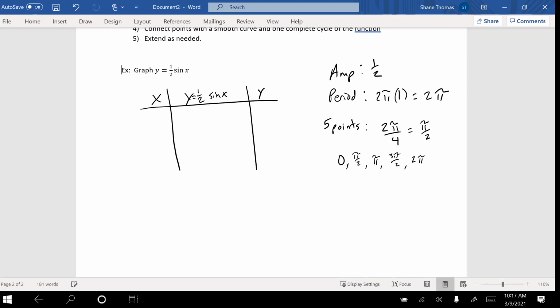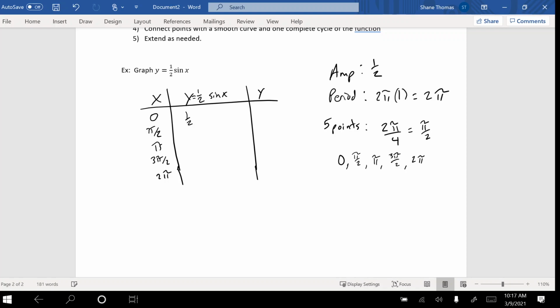Okay, so I have my 5 points that I just found: 0, pi over 2, pi, 3 pi over 2, and 2 pi. I would plug each one of these into my function.